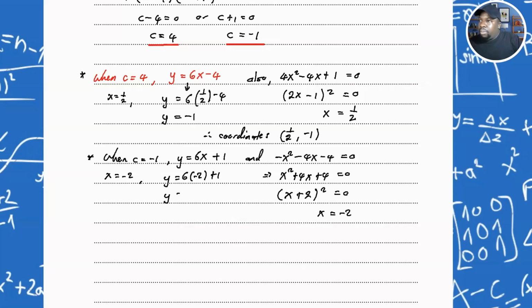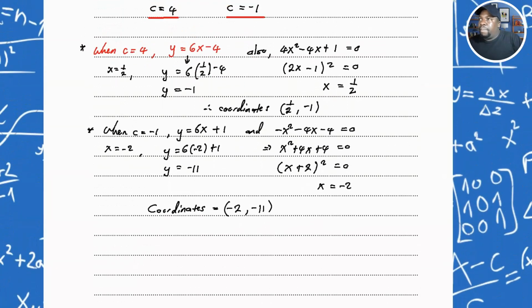So y will be minus 11. All right. So therefore, the coordinates will be minus 2, the x coordinate, and minus 11. So minus 2 and minus 11 is what we get. So that's how we do it on this particular question here.